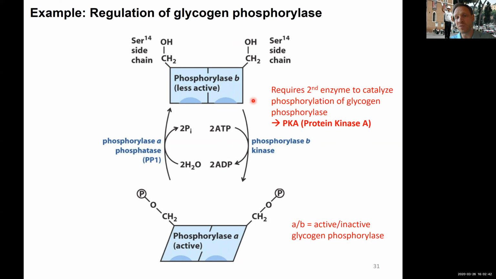And we had said we require a second enzyme to catalyze this phosphorylation. And this actually is our PKA, or the protein kinase A. So this is the enzyme that is catalyzing this phosphorylation reaction. So keep this in mind, this is its function. It's activating phosphorylase A in this particular case, but it's much more dynamic and versatile than only this one reaction, and we'll see this.